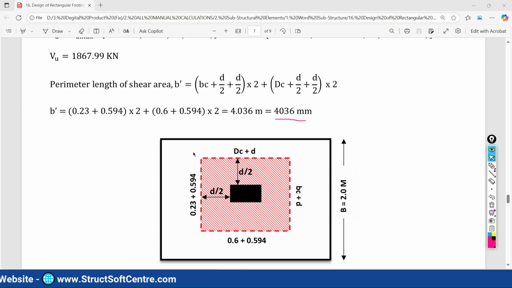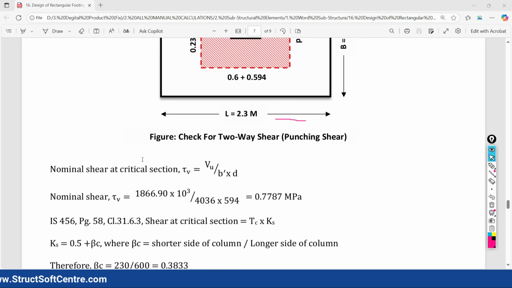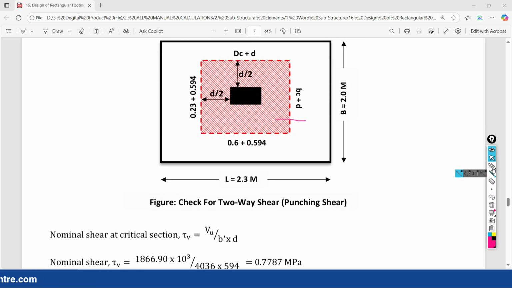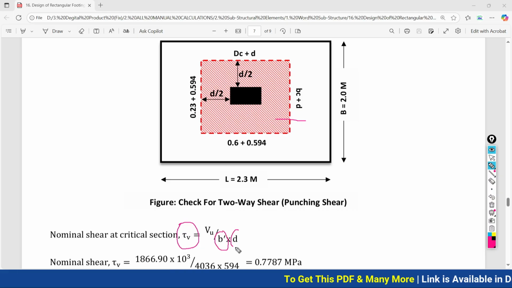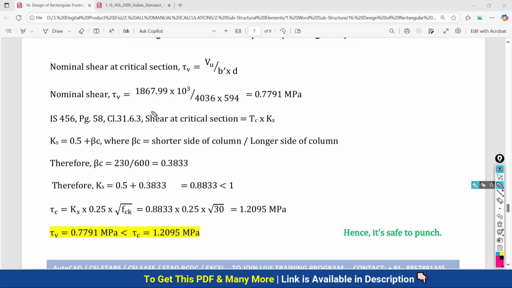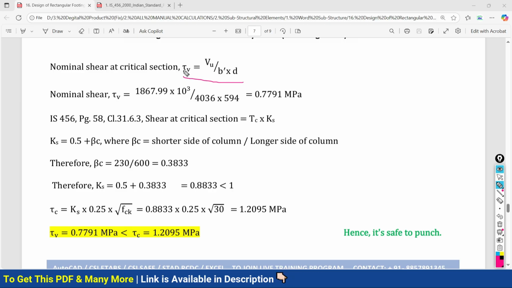Now finally we have to calculate the nominal shear at this critical section, and we are going to denote it by tau v. Tau v will equal Vu upon b dash d. So b dash is your perimeter length of your shaded area, and d is your effective depth of your footing. Now finally, taking all the values in this formula to calculate the value of tau v. Vu we already have calculated.